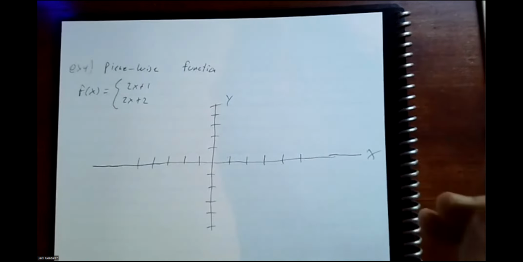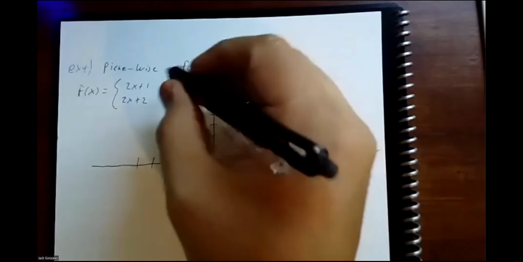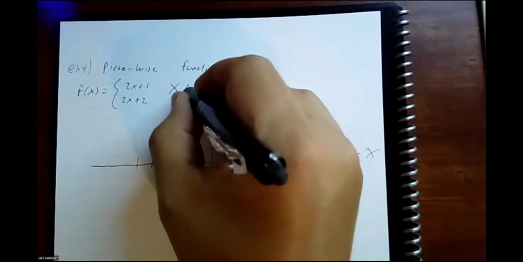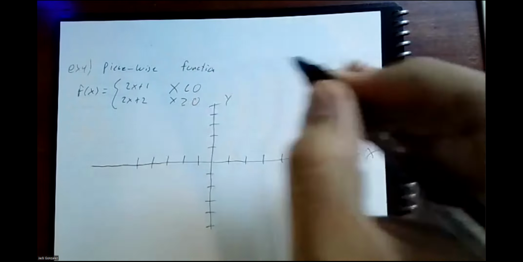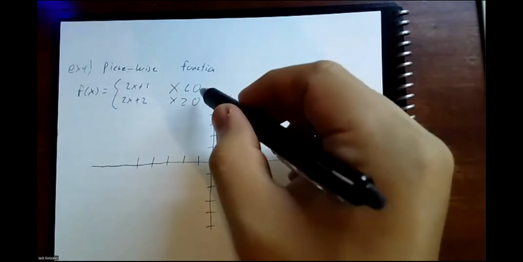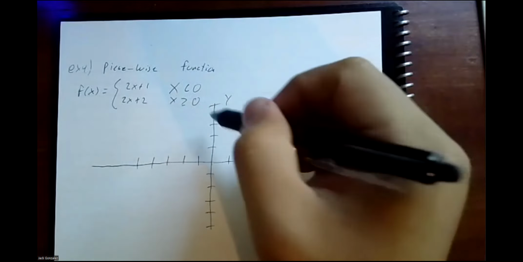Might need a few more, but it's okay. It said this one must be below 0. This is where it's located. This one's equal to 0 or above. It's good to use a restriction to help you graph it.